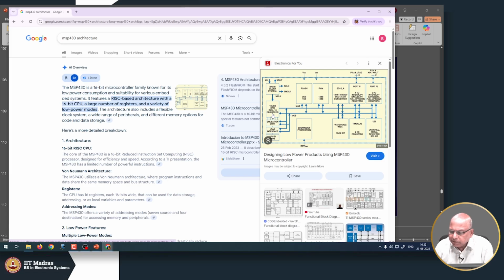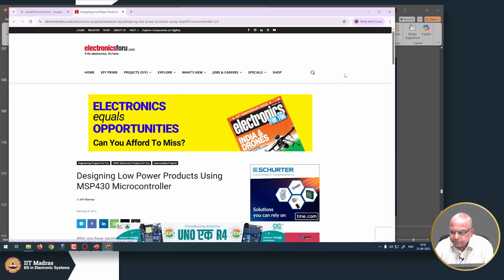You will find that the CPU is a 16-bit CPU. In addition to the CPU, there are many things integrated. There are flash memories, read write memories, then there are IO ports. See, here is an A to D converter, a 16-bit analog to digital converter.